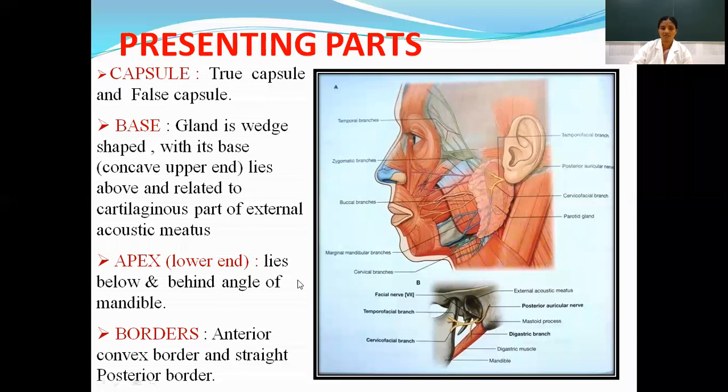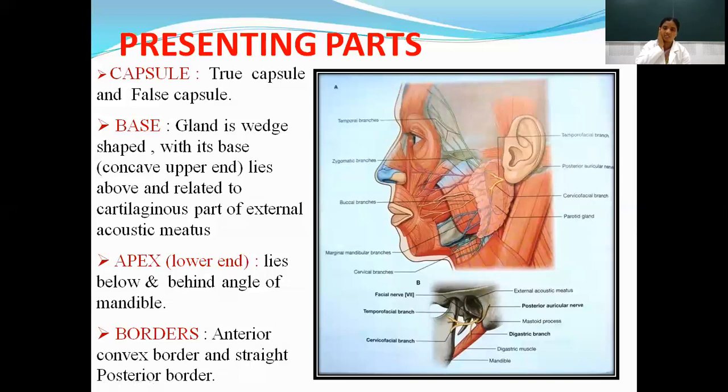Then what are the surfaces of the parotid gland? The parotid gland presents three surfaces. Three surfaces means how many borders must be there? Three borders.